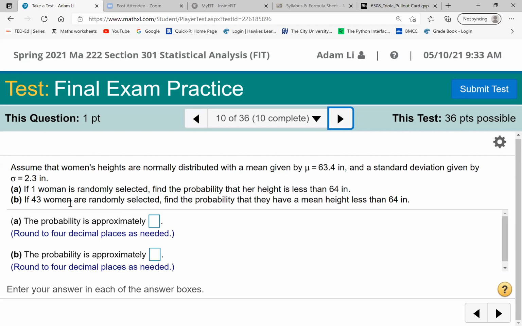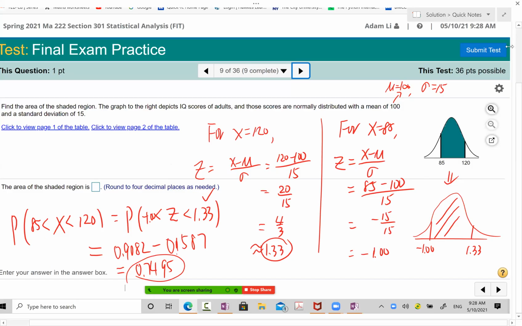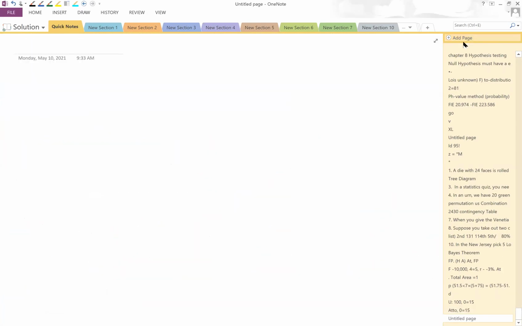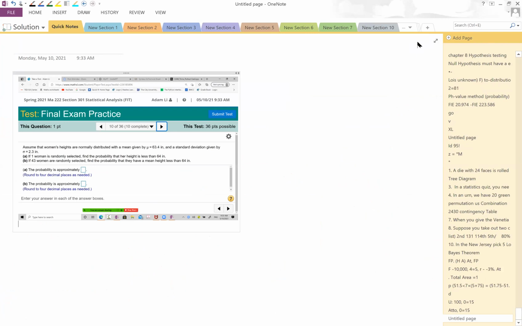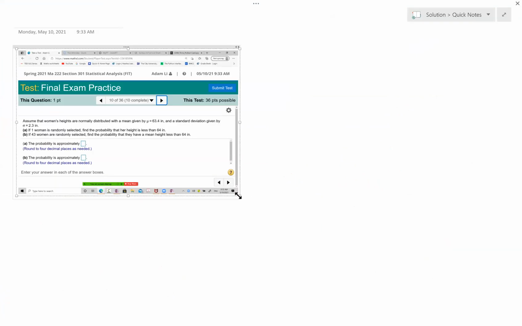But once there's a sample, meaning they conduct a survey and come up with a sample, then we are using the central limit theorem. So that's a major difference between a regular normal distribution and the central limit theorem. And we are using the central limit theorem for part B.